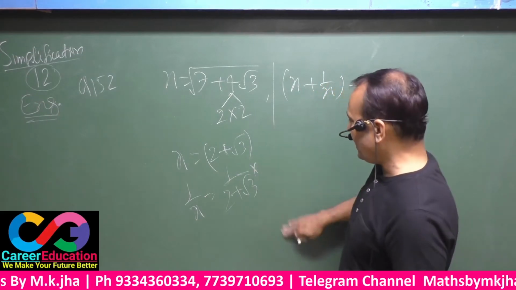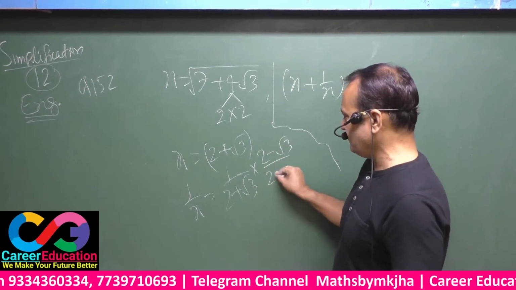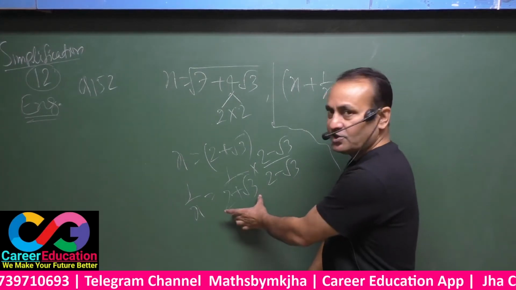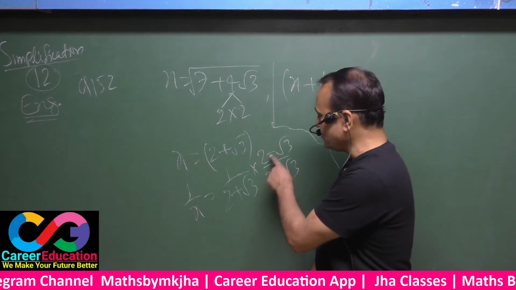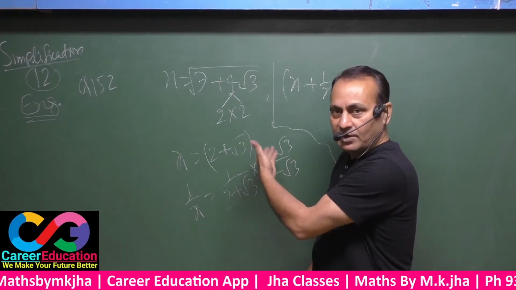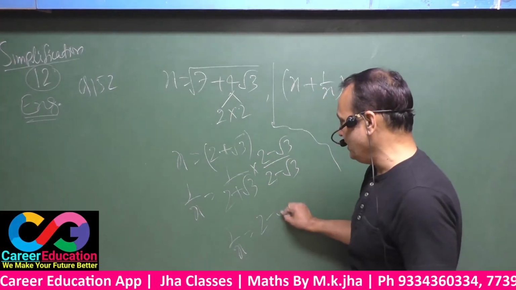After rationalization, whenever you need any rationalization, you take all the digits exactly the same, but the sign must be reversed. This is plus, that's why you put minus here. Had it been minus here, you must put plus. That means 1 by x is only 2 minus root 3.